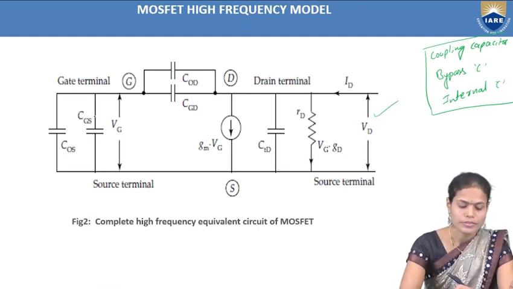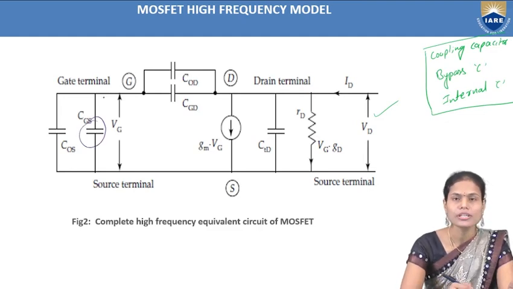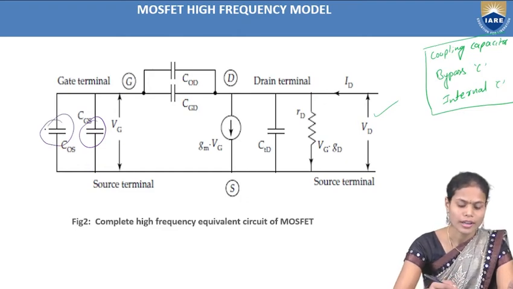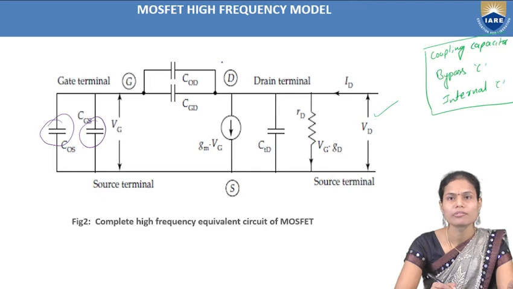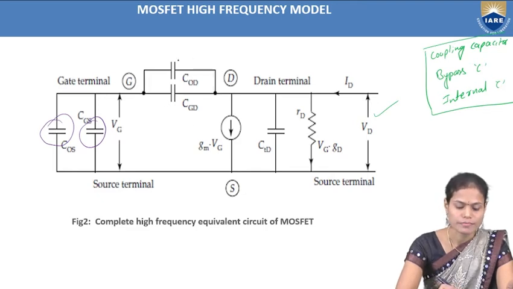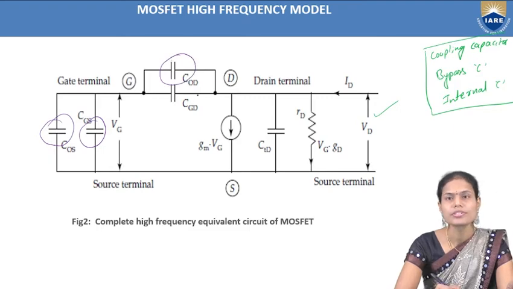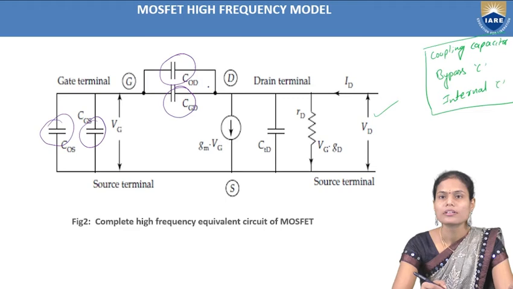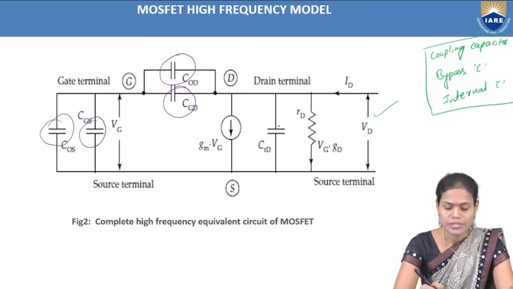So here the CGS capacitance is connected between the gate and source terminal, and COS is connected between the gate and source, and COD is connected between the gate and substrate, and CGD is connected between the drain and substrate, and CTD is connected between the drain and substrate.